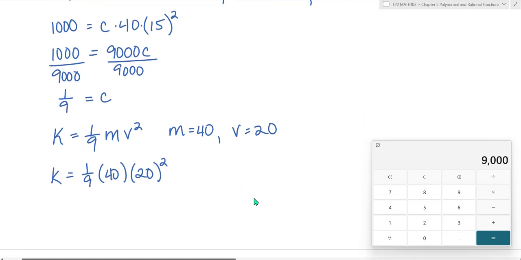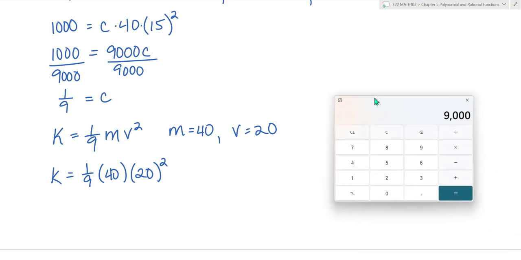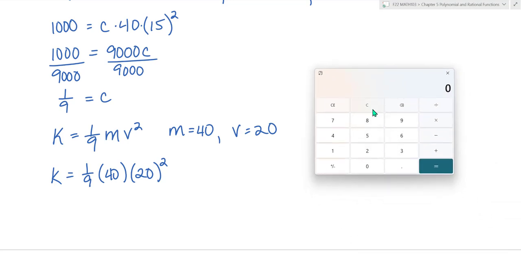Okay, so you can put it all in your calculator in one go. This little Windows calculator is kind of annoying, so I'm just going to do parts of it in my head. 20 squared is 400. 2 squared is 4, and you have 2 zeros. So 400 times 40, and then divided by 9 is the same as multiplying by 1/9.